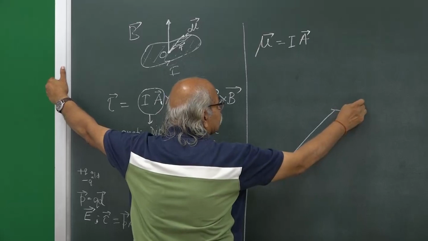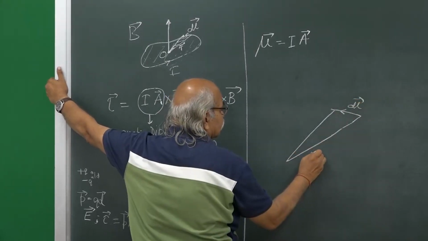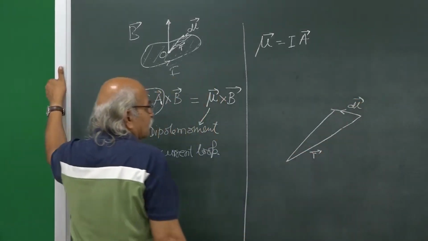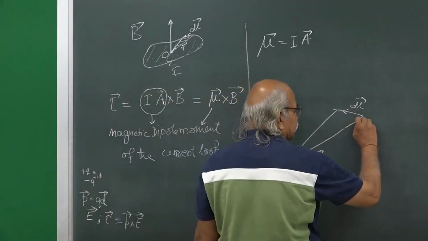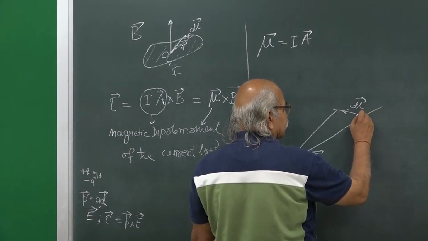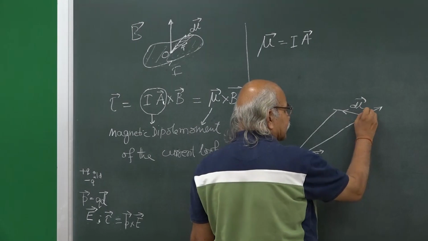This is our dl, this is the vector r, and let us say the angle between this position vector and this dl here is theta, let us say this is theta.